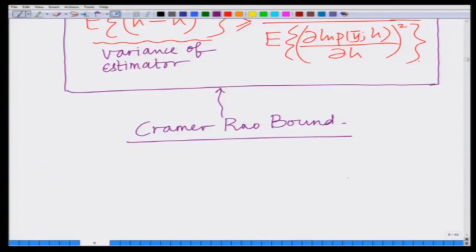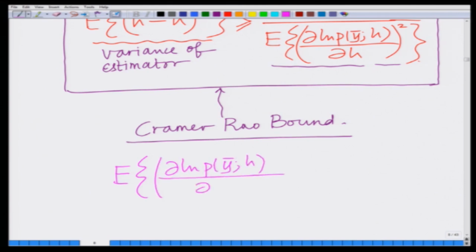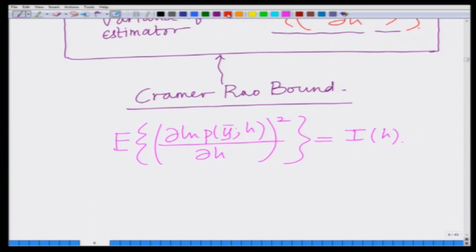And look at this quantity, it is interesting, the quantity in the denominator, the expected value of the square of the derivative of the log likelihood function, this is known as the Fisher information I of h, this is known as the Fisher information I of the parameter h.